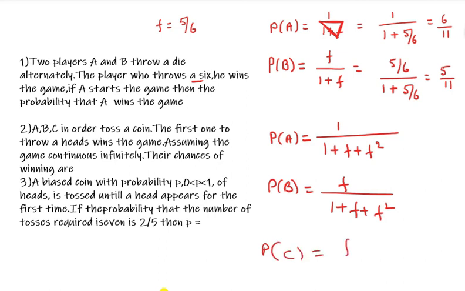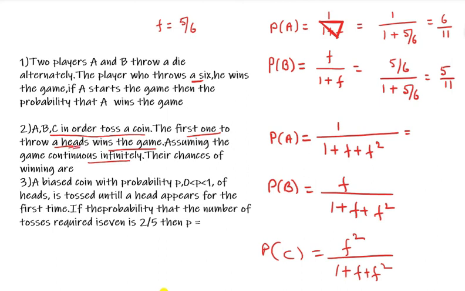What is the probability that C wins the game? F square divided by 1 plus F plus F square. You can observe this particular question: A, B, C in order toss a coin. The first one to throw a head wins the game. Assuming that the game continues infinitely, find their chances of winning.